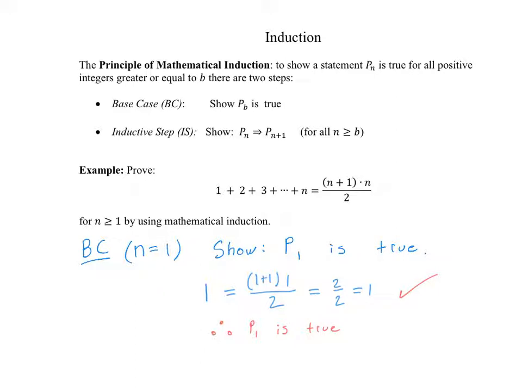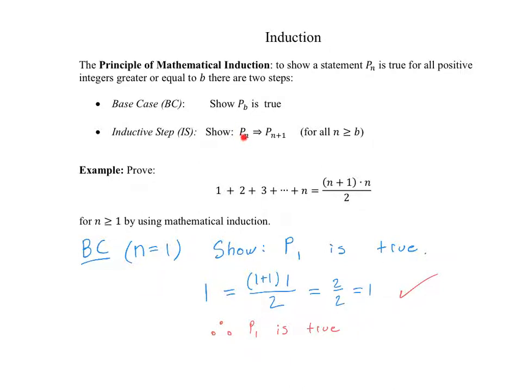In the inductive step, we're going to show that P sub n gives you P sub n plus 1. In other words, if we start at 1 and we know that 1 is true, then we can use that to conclude that 1 plus 1 also gives us a true scenario of our statement.